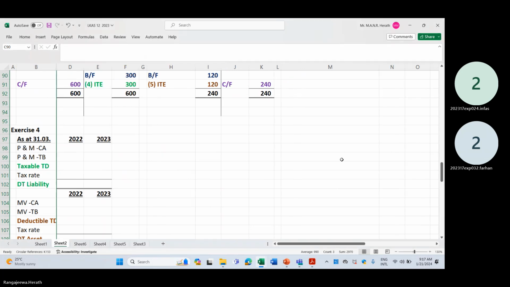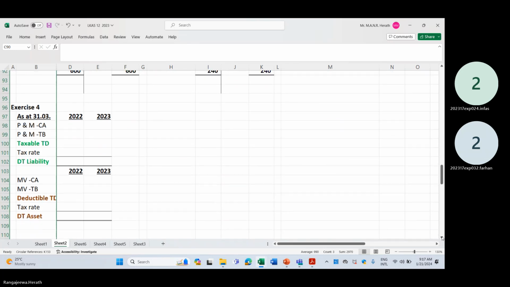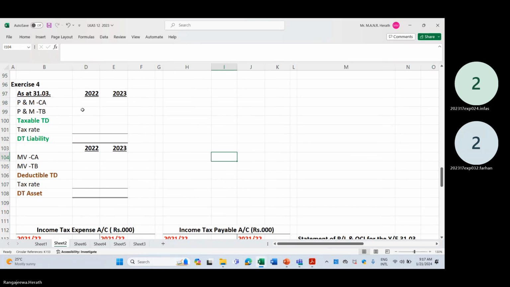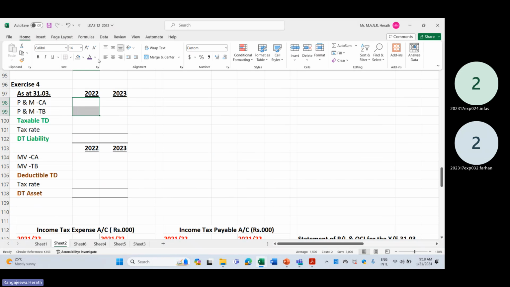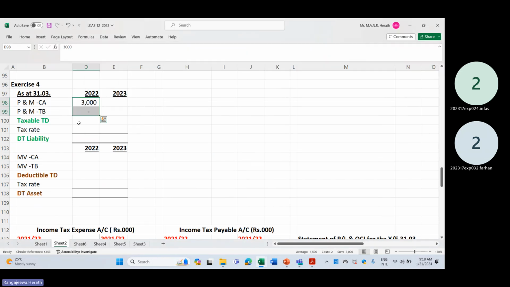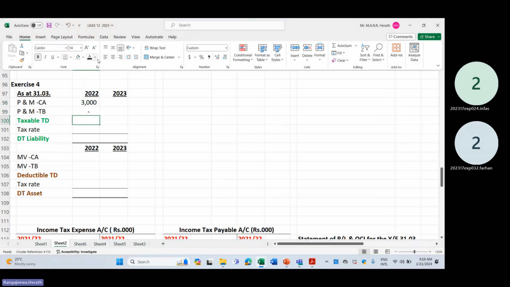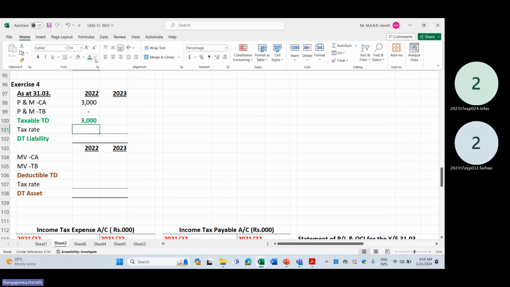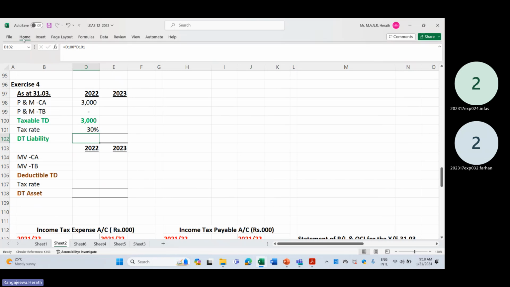In exercise 4, the carrying amount of the plant and machinery is 3,000. Tax base 0. So the difference is taxable. Carrying amount greater than tax base, the difference is a taxable temporary difference. Multiplied by the tax rate 30%, we can have the deferred tax liability.